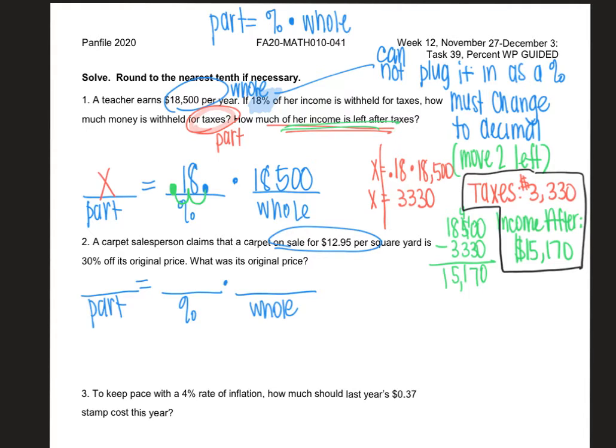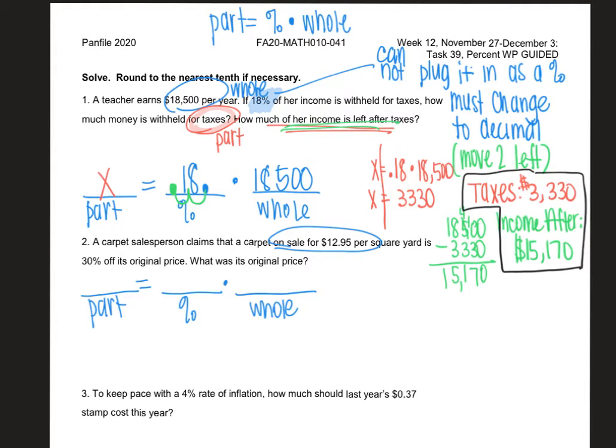So now we look at this and here's the little bit of the tricky part to this one. You have to make sure the percent and the price, anytime you're doing this, match. So 30% is not representing the sale price. 30% is representing the amount off, okay?